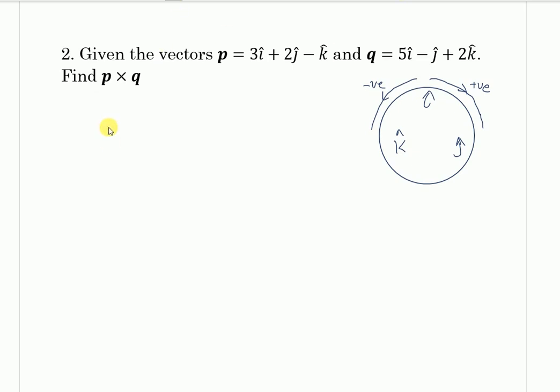Given the vectors p equal to 3i plus 2j minus k and q equal to 5i minus j plus 2k, find p cross q.